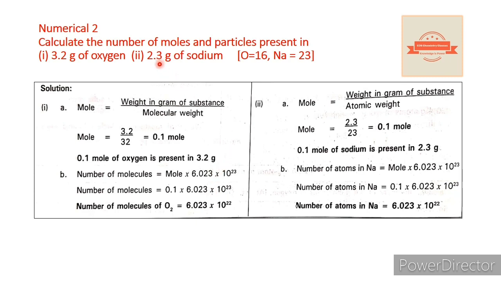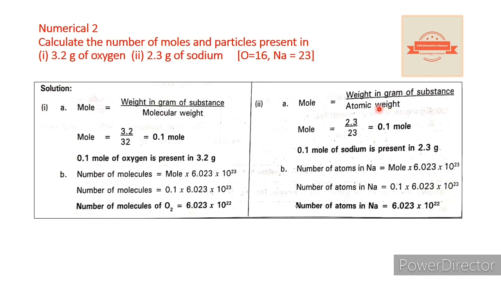In the second question, in the calculation of number of moles present in 2.3 gram of sodium, we must take atomic weight of sodium because sodium is monoatomic. No question of molecular weight does arise here.